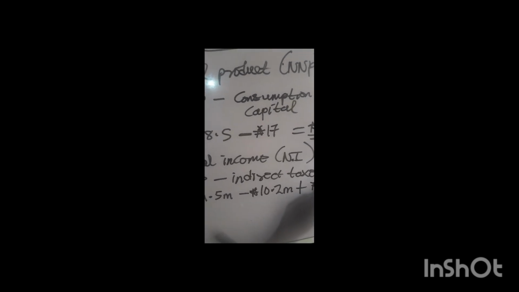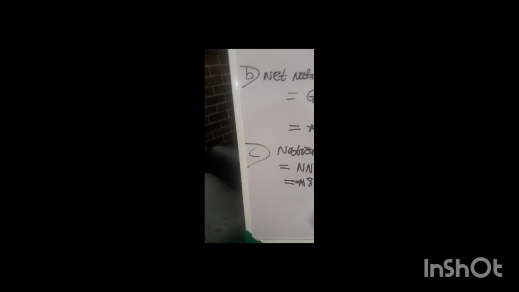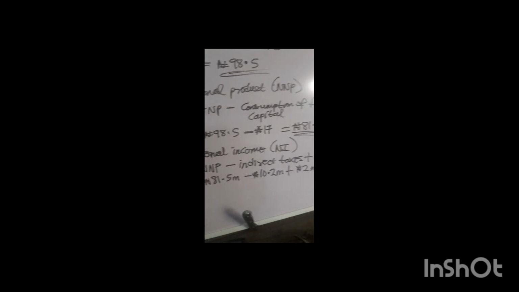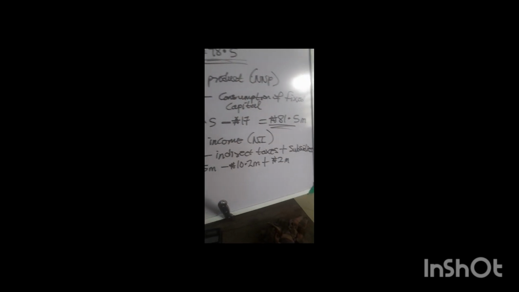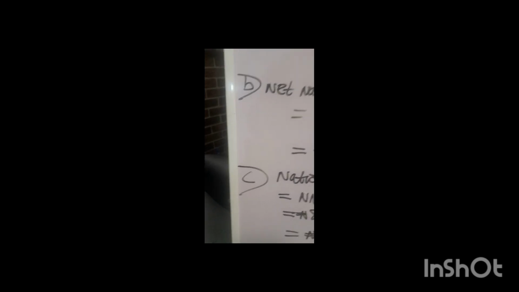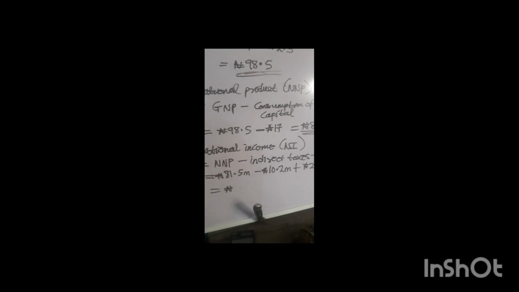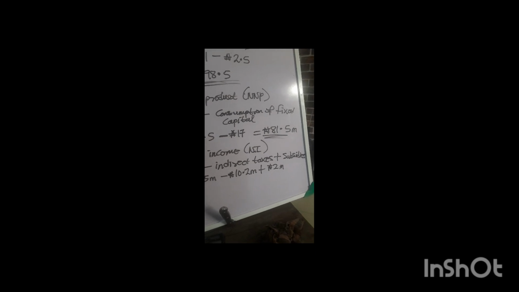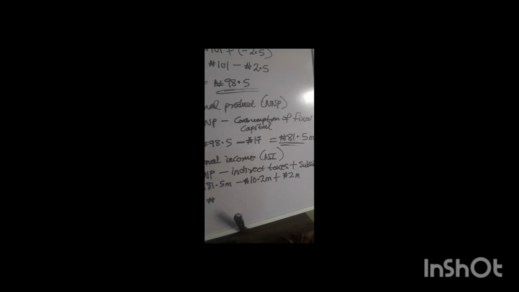So we'll have 81.5 million, which is our NNP, minus our indirect business taxes plus subsidies. It gives us a total of 81.5 million minus 10.2 million plus 2 million, which gives us 73.3 million.